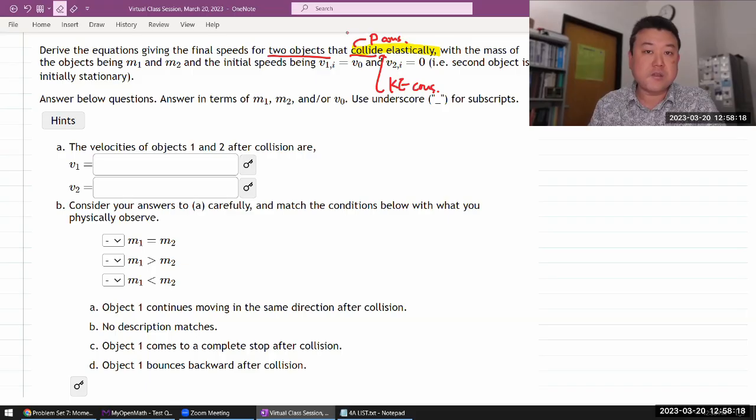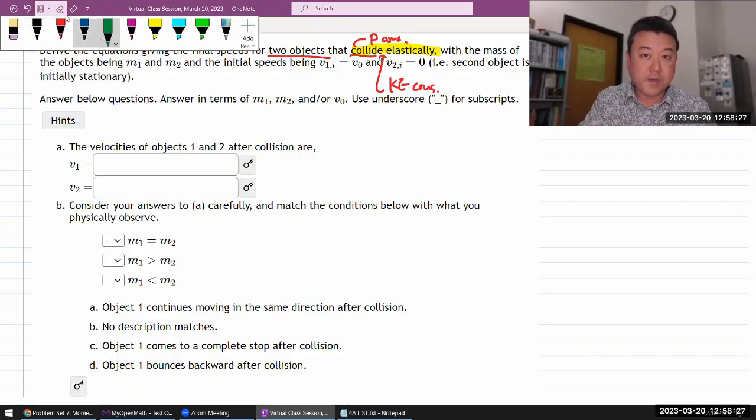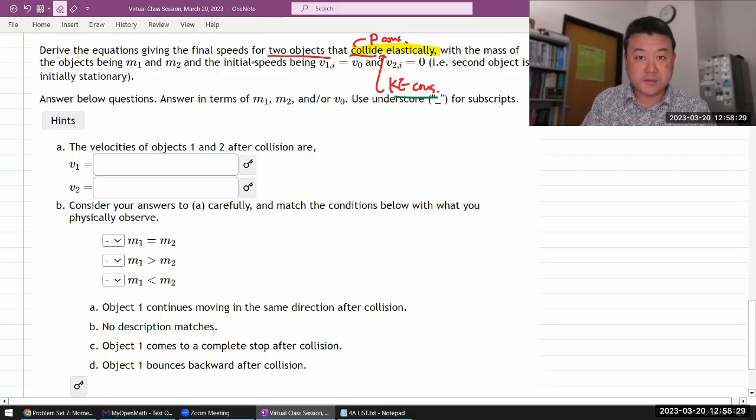And then it's saying with the masses of the objects being m1 and m2, okay, those are the symbols they are telling us to use. So if you note these conservation laws that apply in this setup, from this single phrase, collide elastically, then you know what equations to use to derive these expressions.